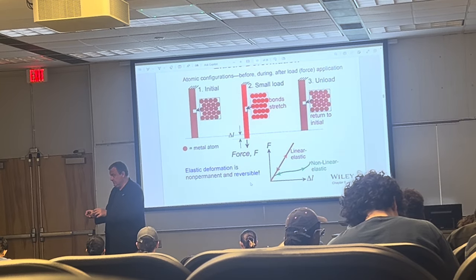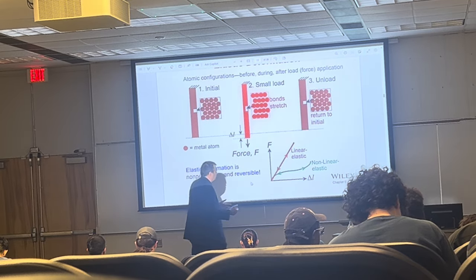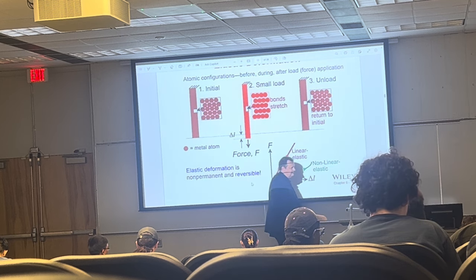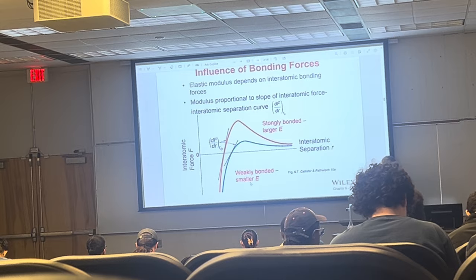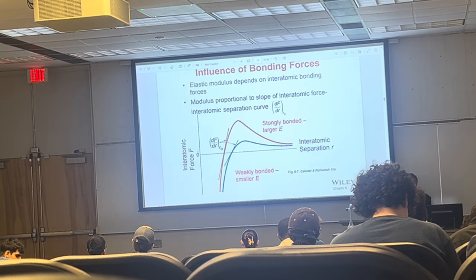For most of the design problems, you don't want to have any permanent deformation. So it's reversible. And that's what it comes down to, is interatomic bonding and the force between the atoms, because this modulus is proportional to the slope of the interatomic force interatomic separation curve, and this is the distance, df dr.